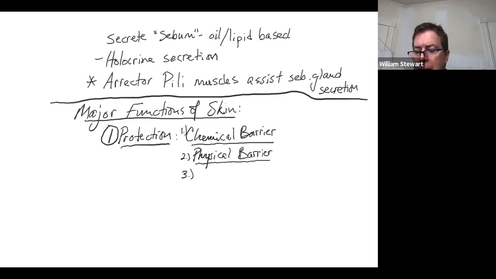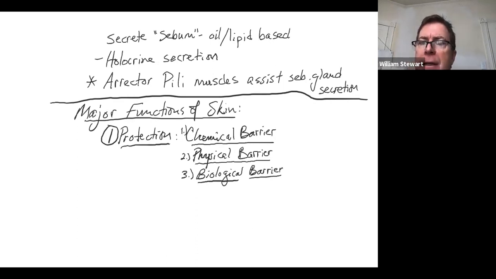And finally, a biological barrier. These headers are in your textbook. I'm just trying to help explain them to you. Biological barrier. We did mention dendritic cells, so I'll put those in parentheses.